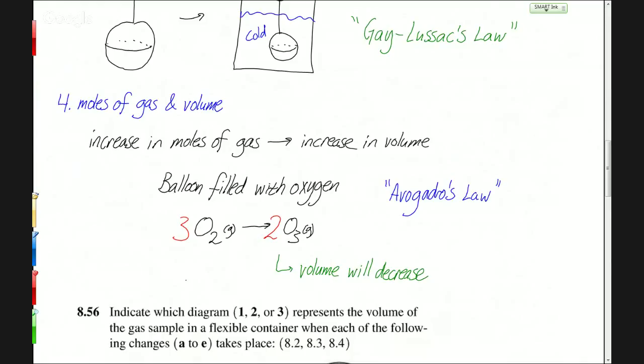Well, that makes sense because if there are more gas particles around, but everything's going the same speed, there would be more collisions with the walls. But since pressure is held constant here, if we want to keep pressure the same, the room has to get bigger. Otherwise, the collisions are going to be more. So if we want to keep the same number of collisions, we've got to have a bigger room for more people. And that's the increase in volume.